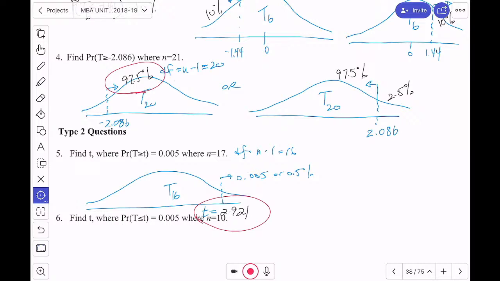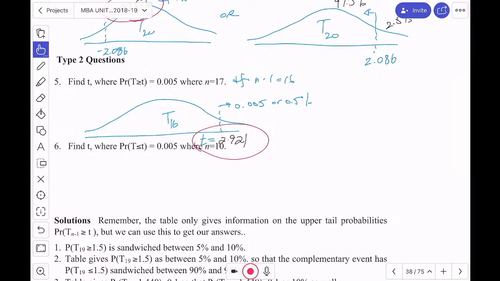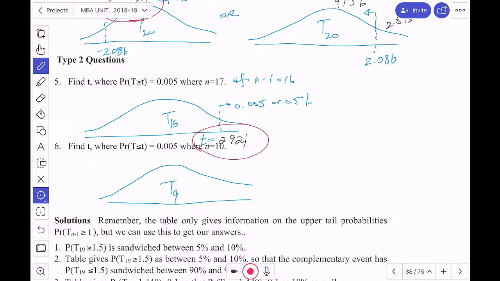Okay, so let's see for this problem. You probably don't need to use Excel for that because the table is pretty easy, and you're reading right off the table, unless they give you a probability that's not on the table. So this will be T9, and this asks to find the T that corresponds to 0.005 on the left for T9.